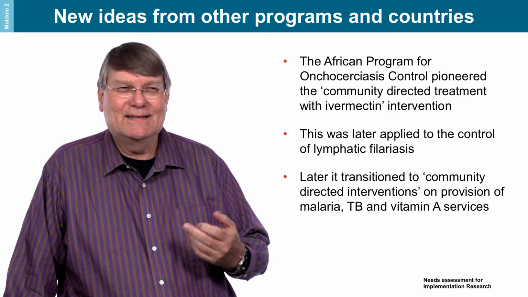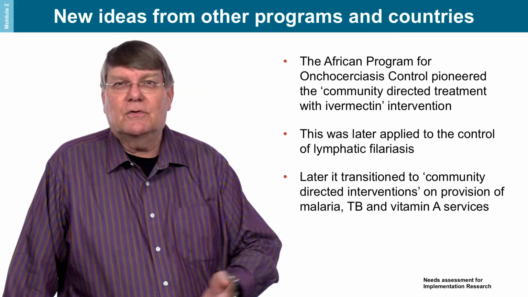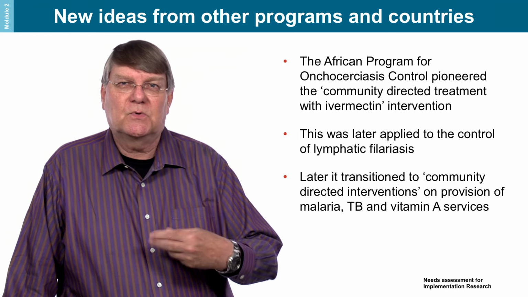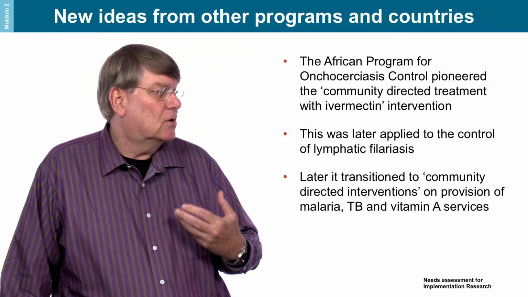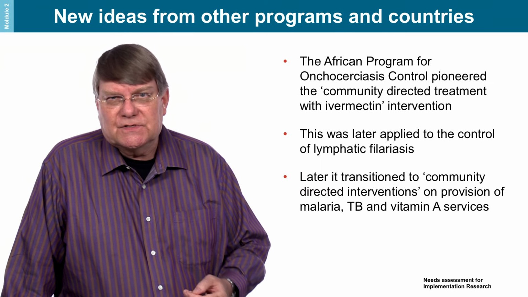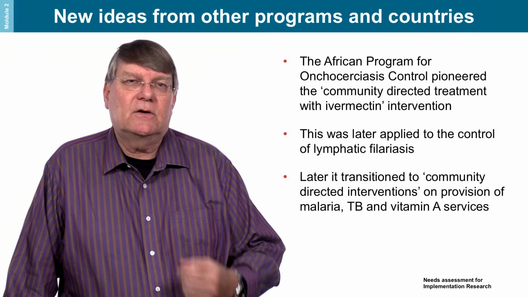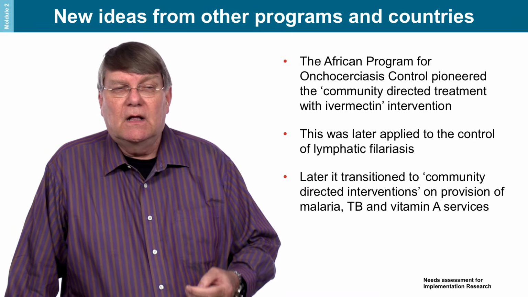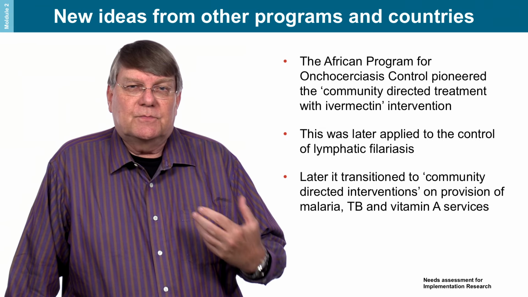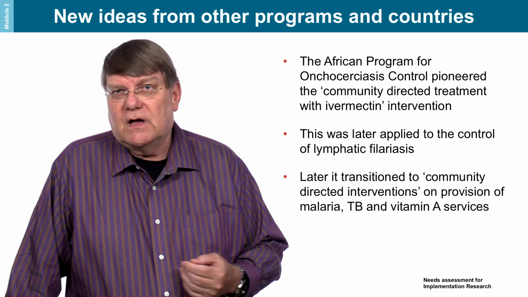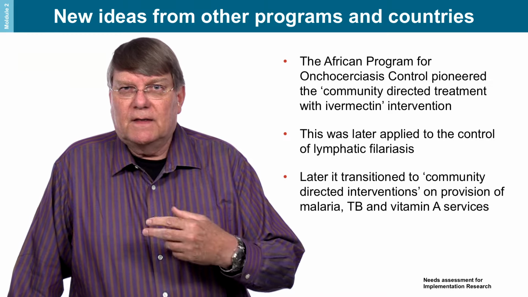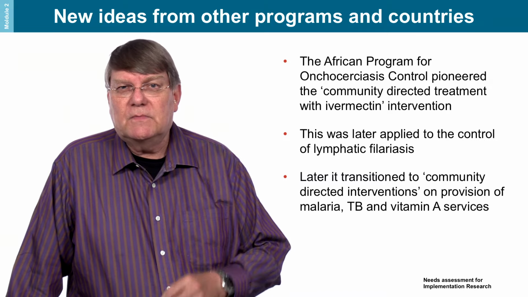We had information on the side that other programs, whether in agriculture, whether other disease control programs, immunization programs, were latching onto this. And so later, implementation research was done to see if we could systematically add on things like distribution of bed nets, community-based treatment for malaria, distribution and community-based delivery of vitamin A, observation of TB directly observed treatment in the village.